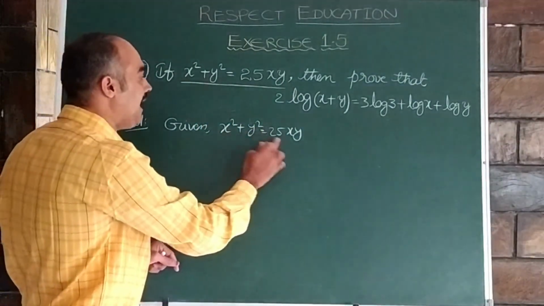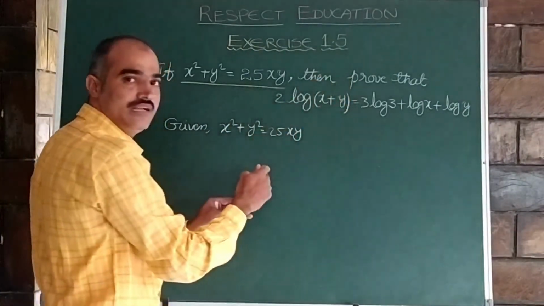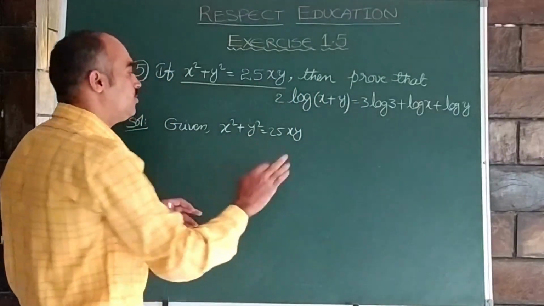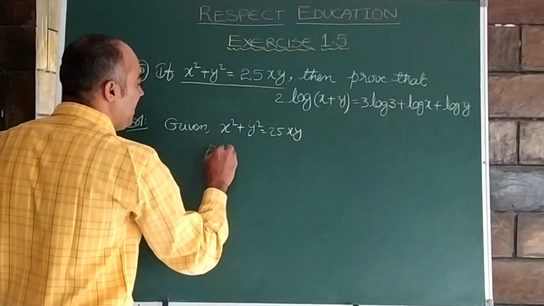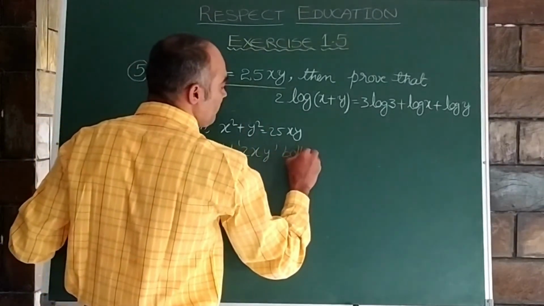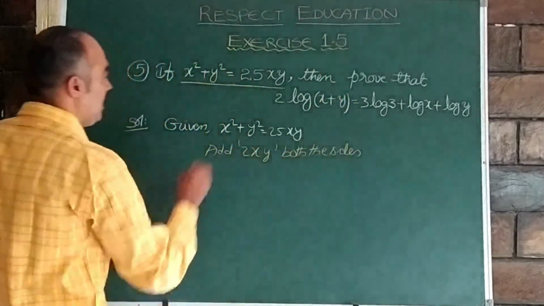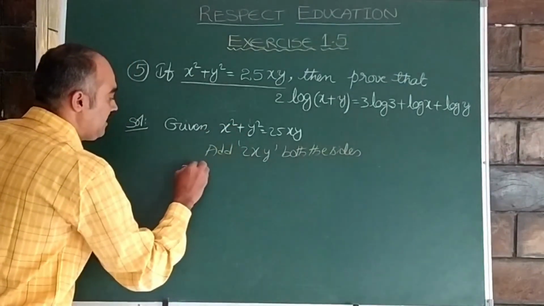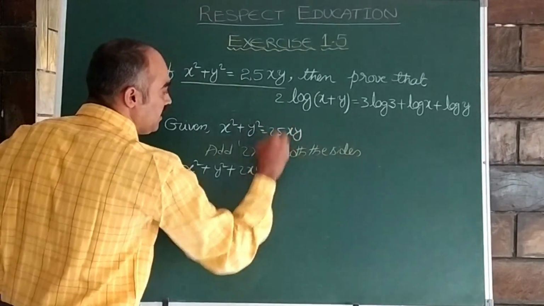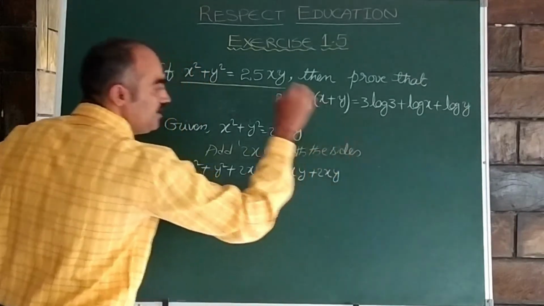So let us add xy to both the sides. Then it will convert into the form of x plus y whole square. Then we will apply the log, and this 2 comes forward. Is it clear? So now let us add 2xy to both the sides. Here already x square plus y square is there, and on this side 25xy is already there, so there also I am adding 2xy, right?